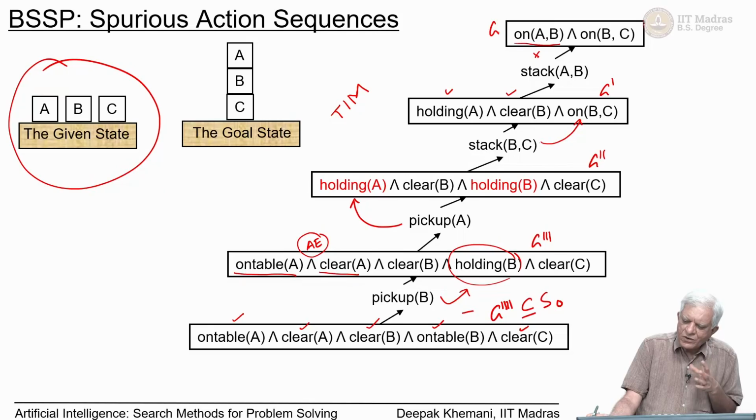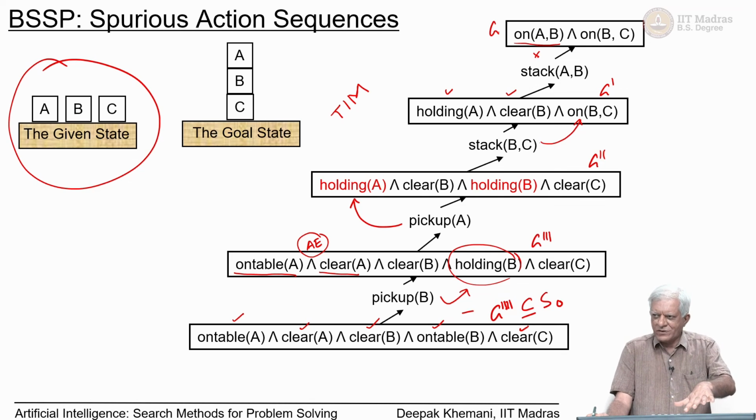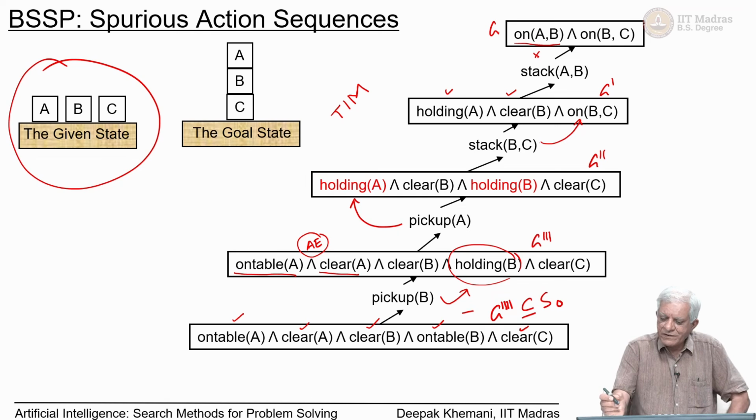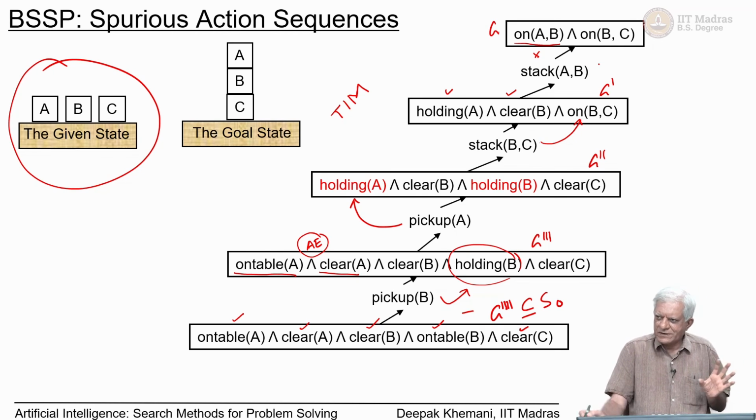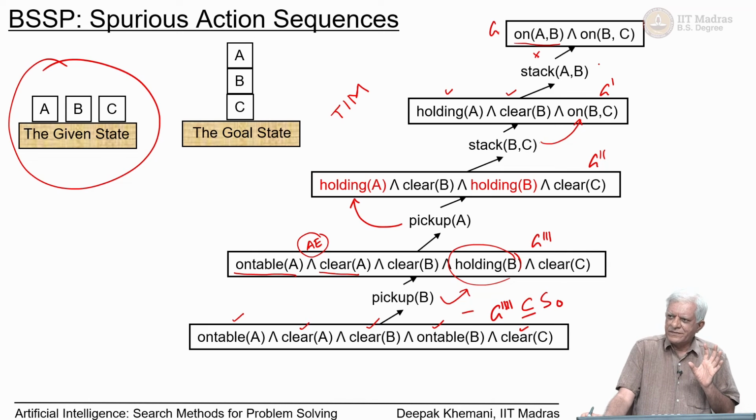So, if I am not mistaken, it should include the on table C as well, right? The goal does not talk about where is C. See, while I have drawn it on the table, when I have given the goal description, I have not given that. I have only said that on AB and on BC is all we care about. So, it is not there in the sub goal, it is there in the start state.